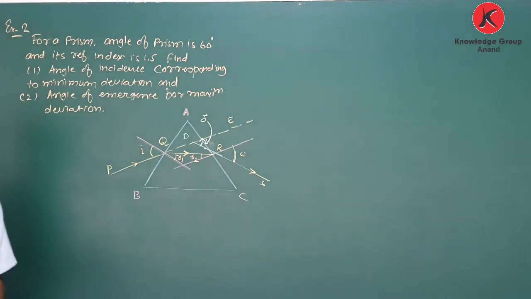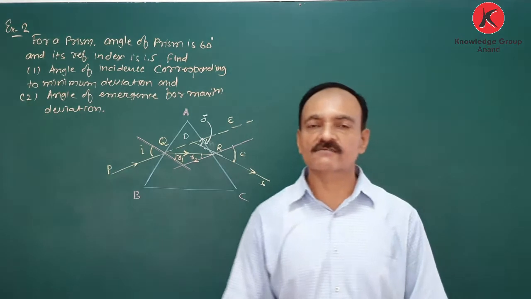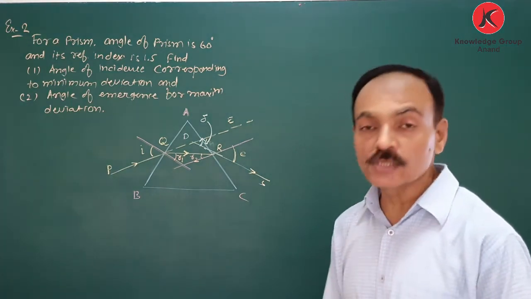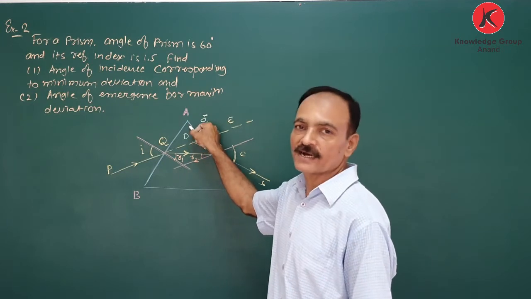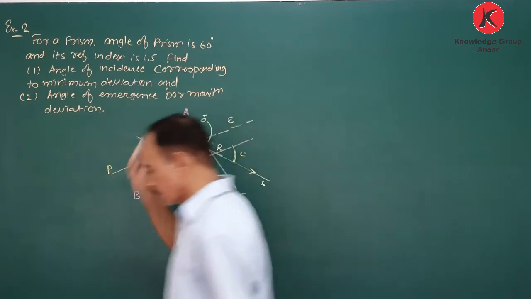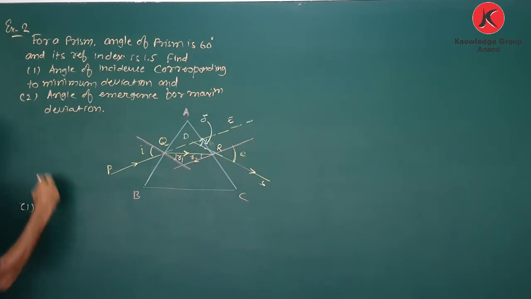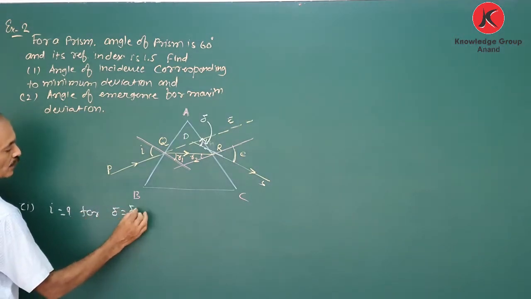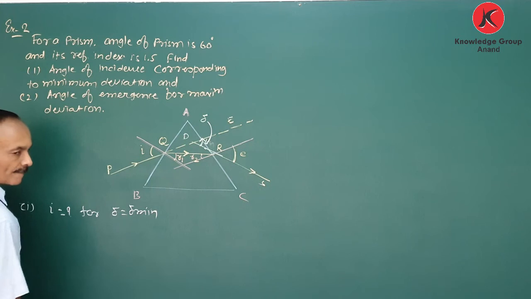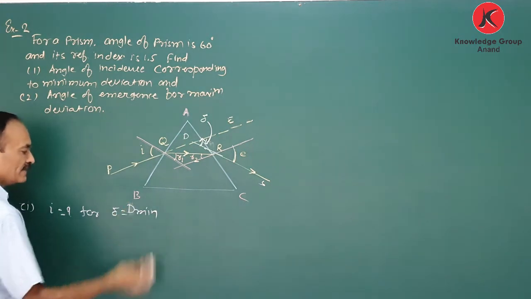Already learned in theory, we have the relation I plus E is equal to A plus delta, and also we obtain R1 plus R2 is equal to angle A. Now first we have to find out the angle of incidence I for delta equal to delta minimum, the D minimum. Right? Deviation becomes D minimum.